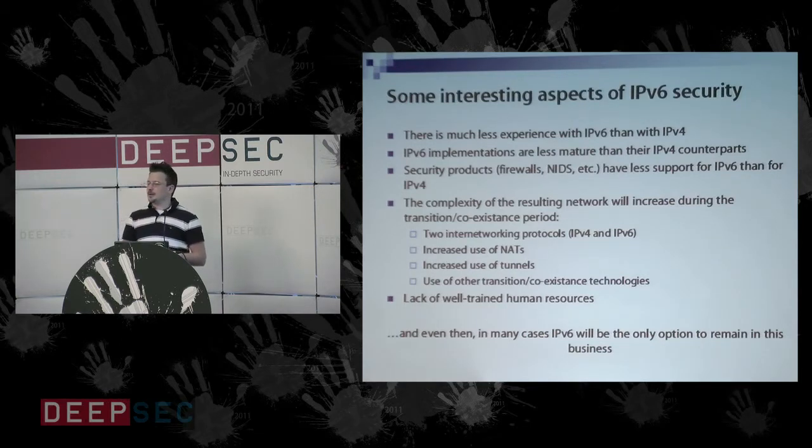Then there is the one about the maturity of IPv6 implementations. Basically, if you go to any site that keeps a database of vulnerability advisories, you will find at least 100 about IPv4 implementations. And if you look for the same thing but for IPv6, you probably will find like half of it, like 50 or maybe even less vulnerability advisories. And for some people, that's kind of an indication that IPv6 is more secure than IPv4.